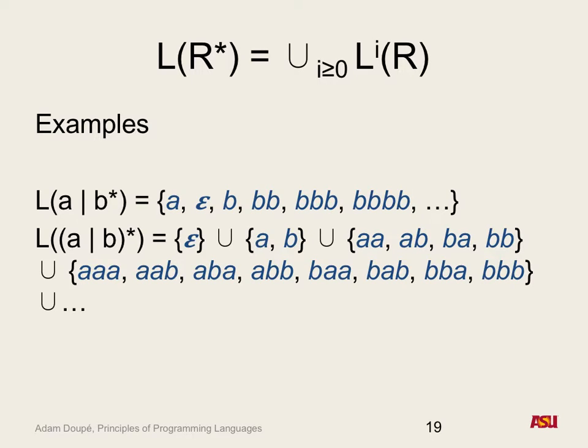This is exactly what we did: we broke it down and developed an intuition of what was happening. So now we know all the strings in here, and if I gave you a string and asked whether it is in the language described by (A or B) star, you could say whether it is or is not.